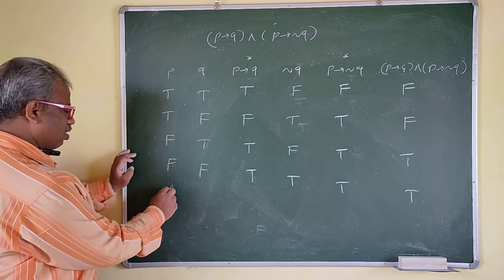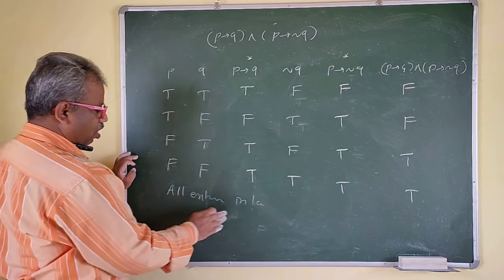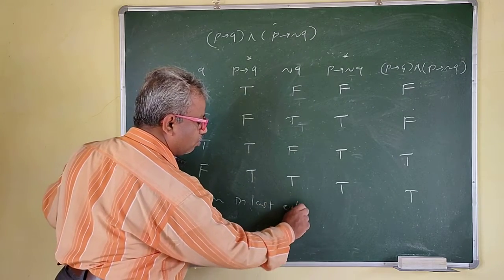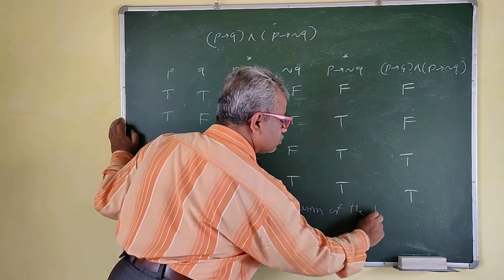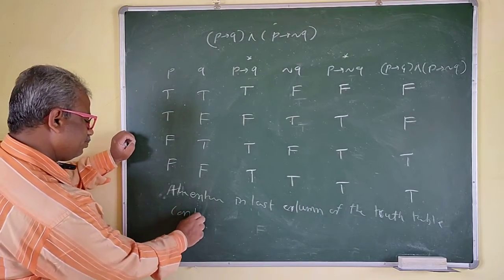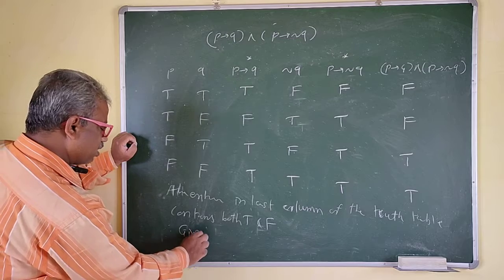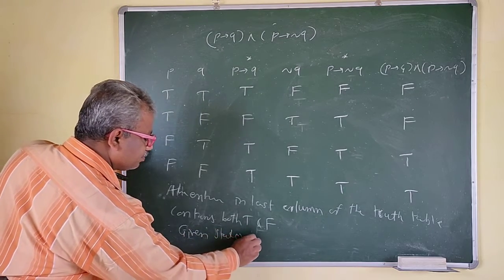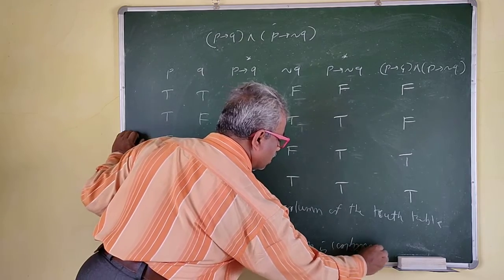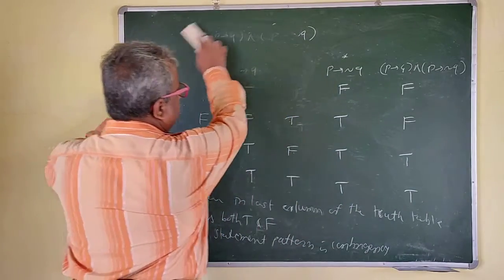That means all the entries in the last column of the truth table contain both T and F. Therefore, the given statement pattern is a contingency, that means neither a tautology nor a contradiction.